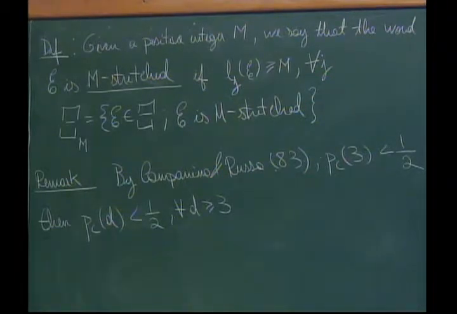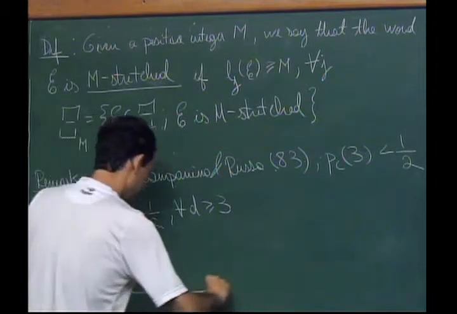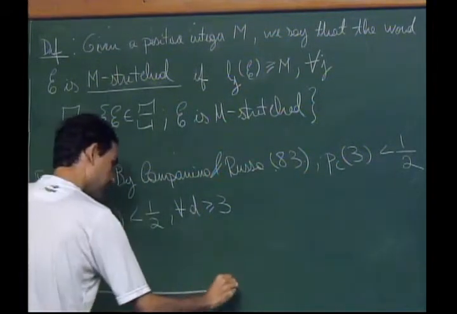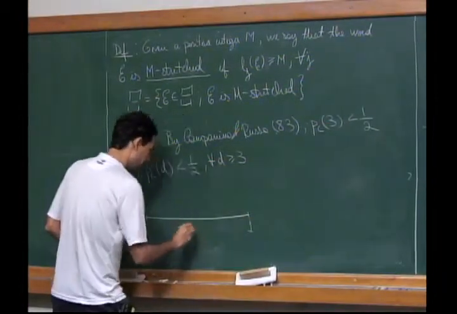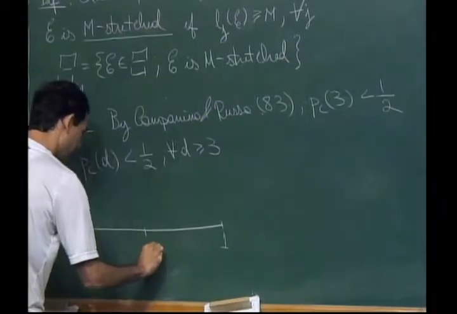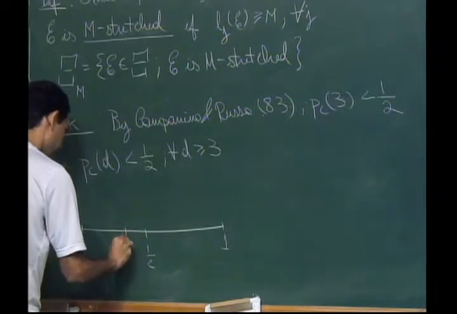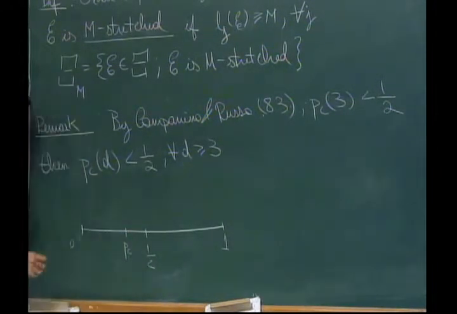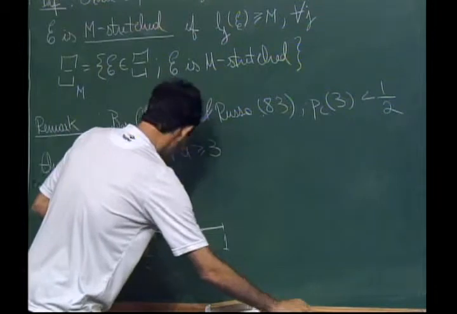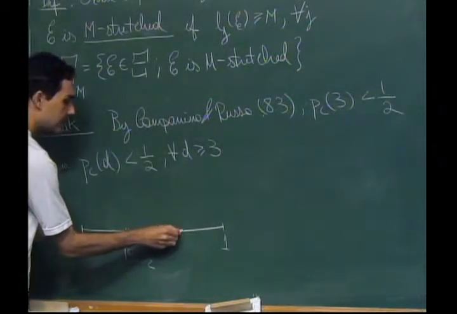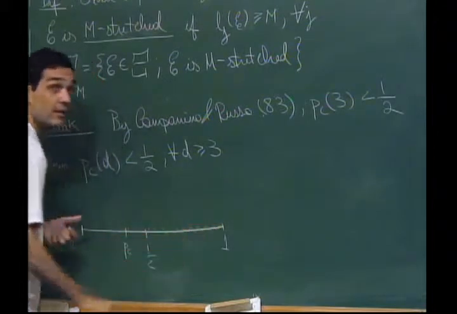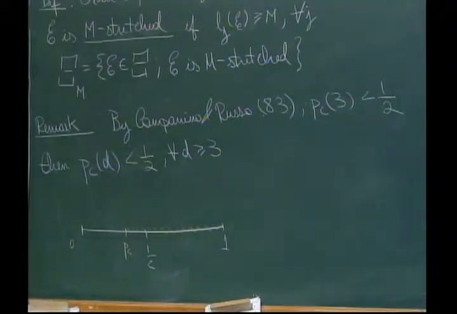Why is this important? This is important for us because suppose that here is the interval 0, 1. This is 1/2. This is p_c. So this interval is the supercritical phase for percolation of ones.